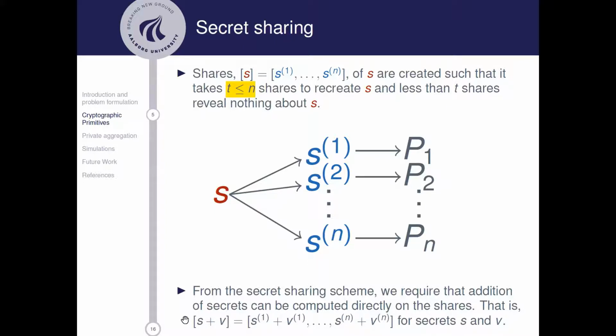That is, if we have two secrets S and V, then we can compute the shares of S plus V by directly adding the shares of each secret.